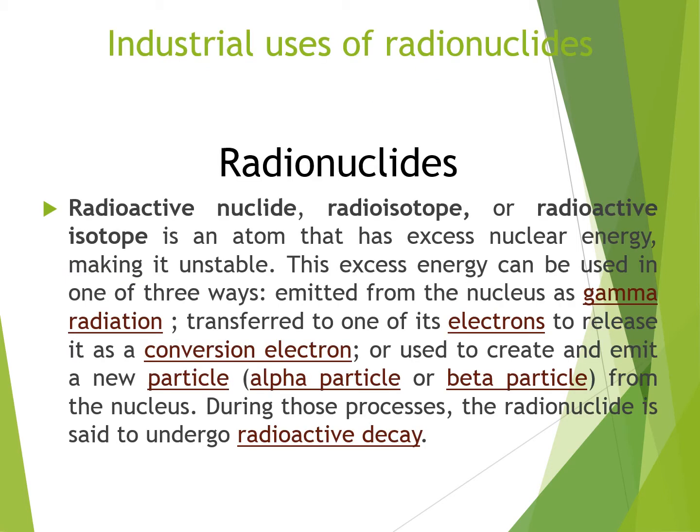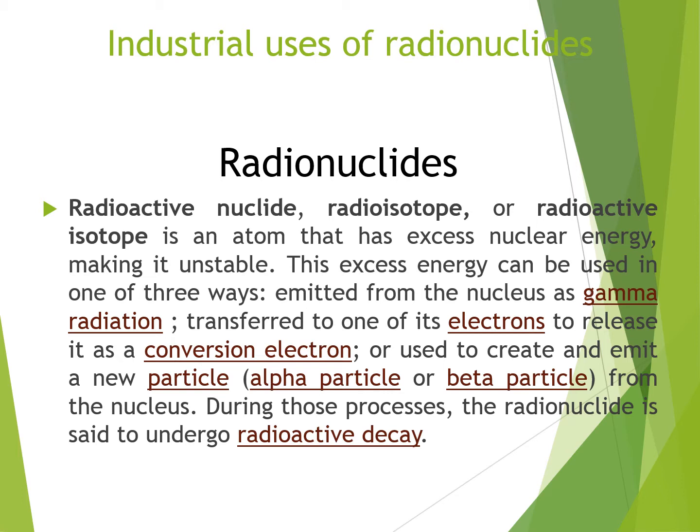Now we will move towards the main topic, which is the industrial uses of radionuclides. So basically we are studying the use of radionuclides in industry. Now we will discuss the main concepts of radionuclides, that is, what radionuclides are.